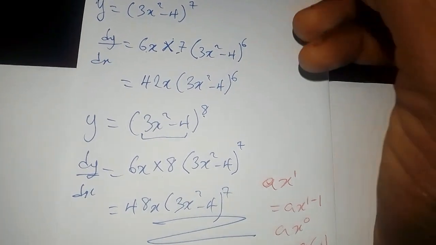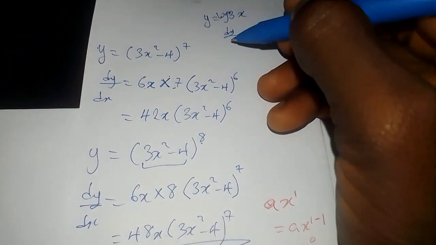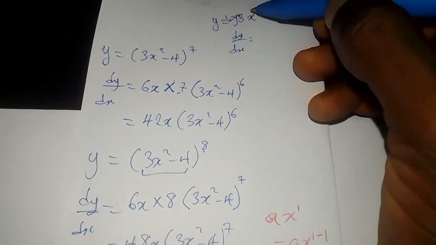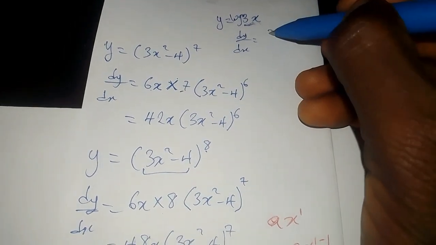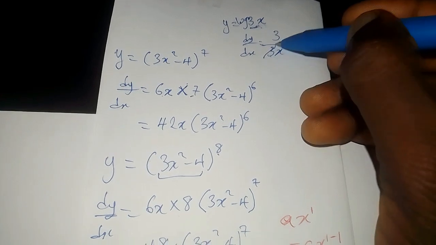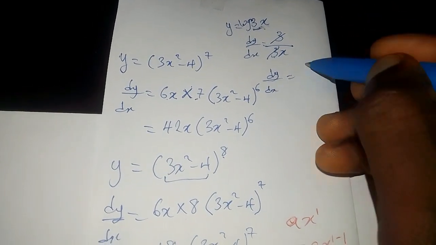How will you get your final answer here? Without wasting your time, dy/dx equals, differentiate what you have here. If I differentiate 3x, what will I have? I'm going to have 3 divided by the original value, which is 3x. 3 can cancel 3. So dy/dx is then equal to 1 over x.